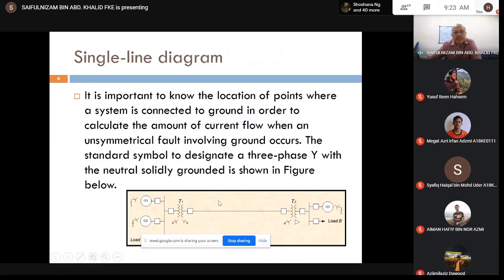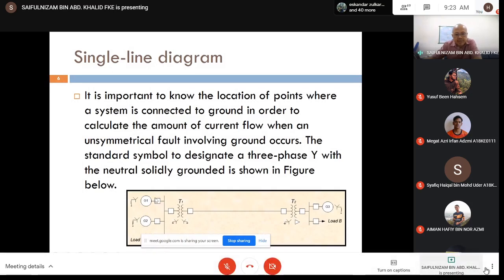This is an example of the single line diagram of a typical power system. You can see here the synchronous machines G1 and G2 with the neutral earthing through impedance.